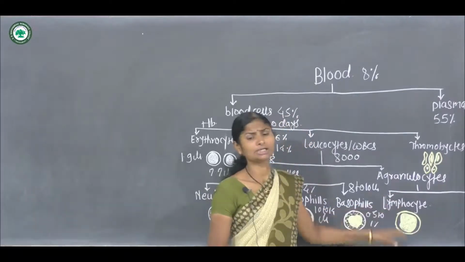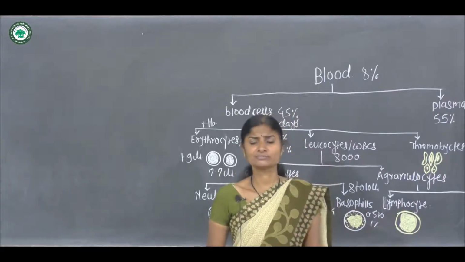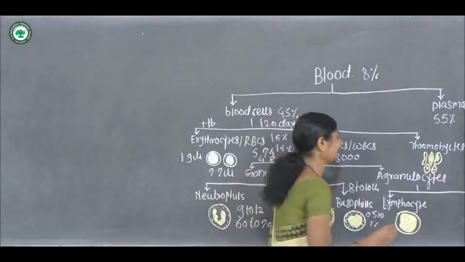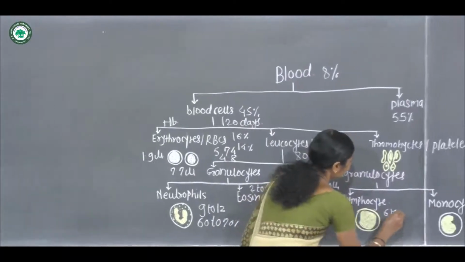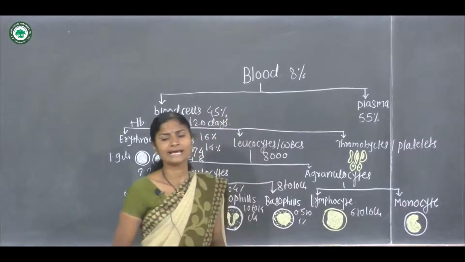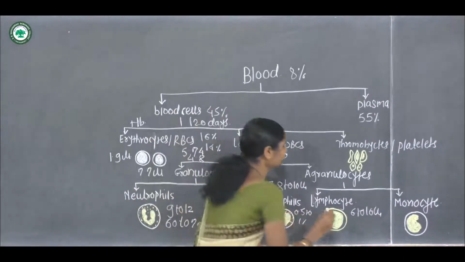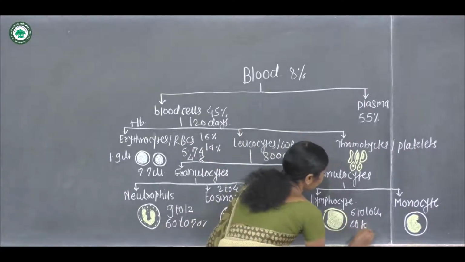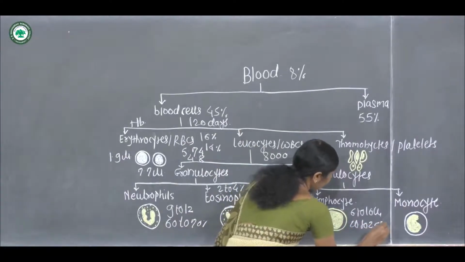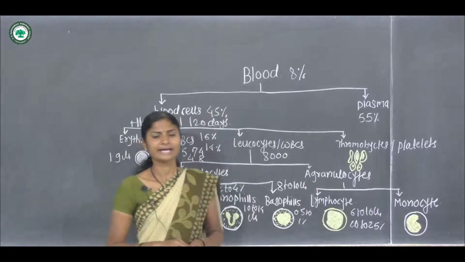First type is lymphocyte. Lymphocyte cells vary in size from 6 to 10 micron and normally constitute about 20 to 25% of the total volume of WBCs.